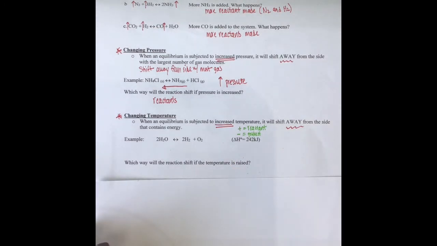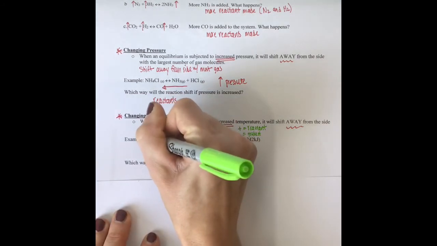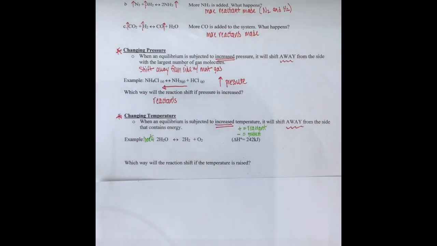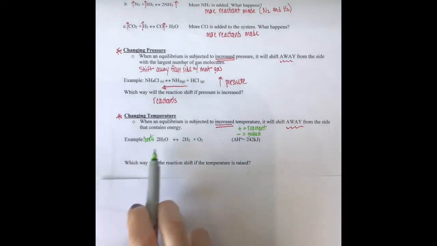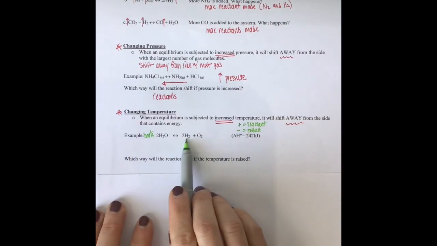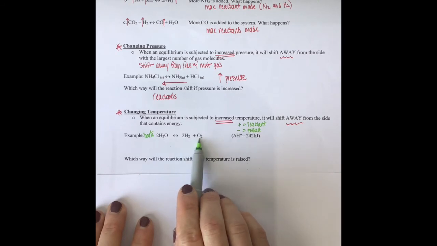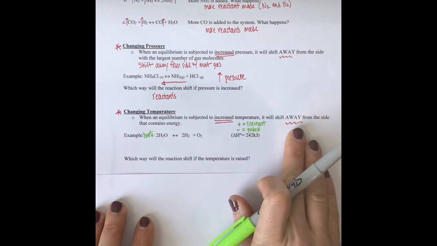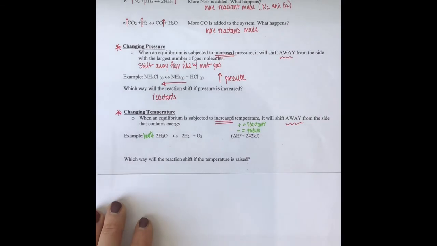Well, in this case, because it's a positive number, heat is a reactant. So we have water mixing with some heat, producing hydrogen gas and oxygen gas. And so now if I increase the temperature, I need to shift the reaction away from the side that contains energy.